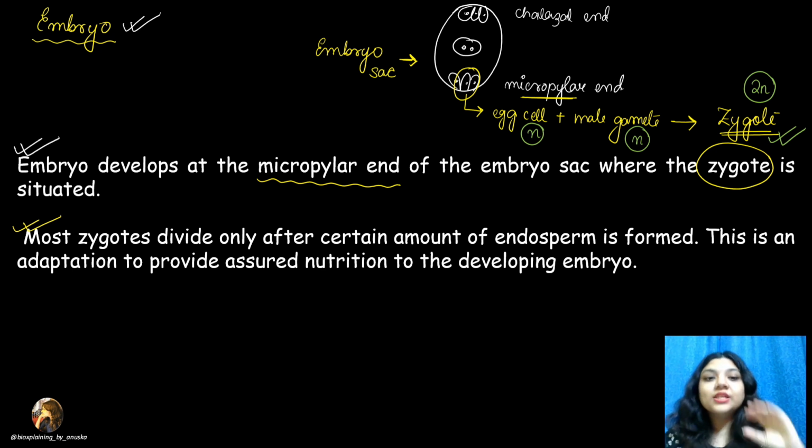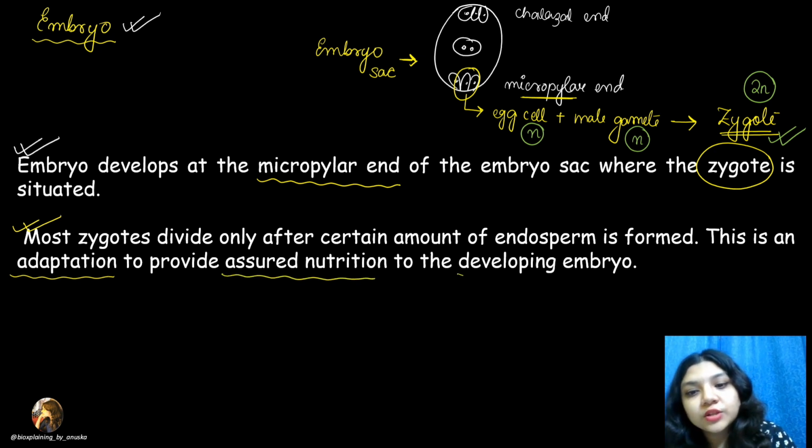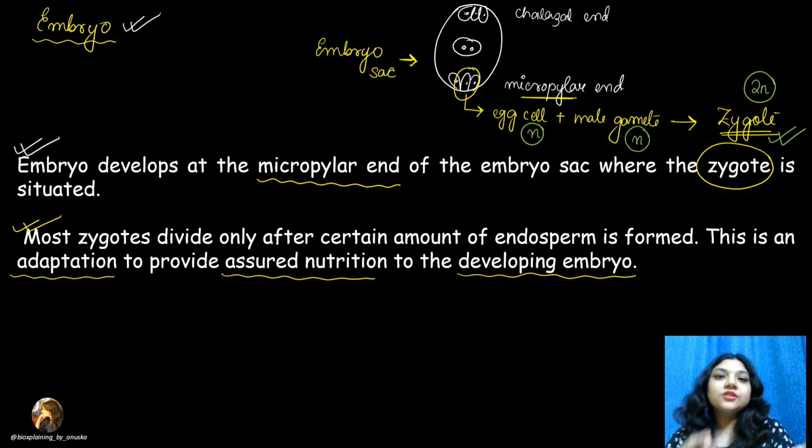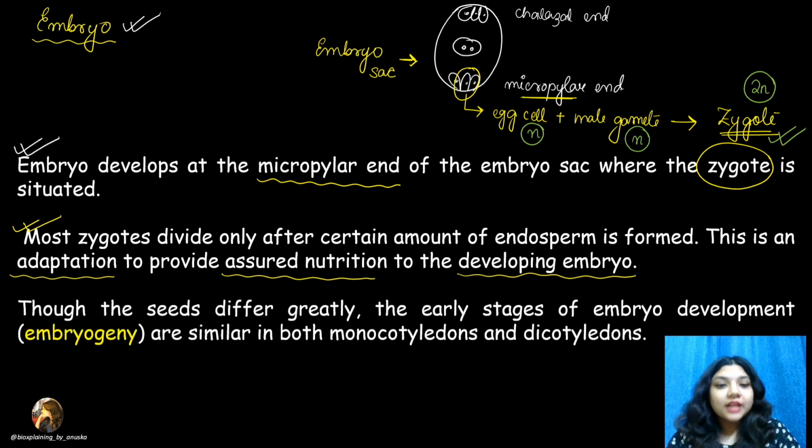Okay, so this formation of the endosperm before the embryo is an adaptation to provide assured nutrition to the developing embryo. That is to make sure that the embryo has its source of food. Good to go?